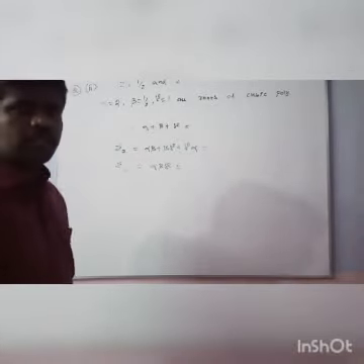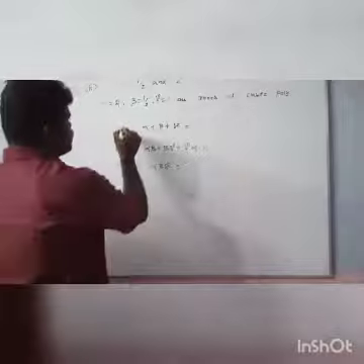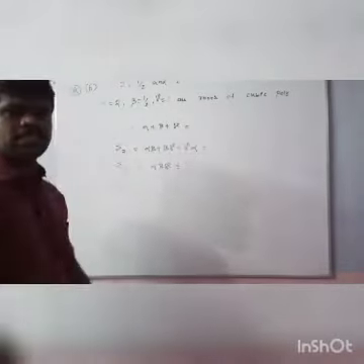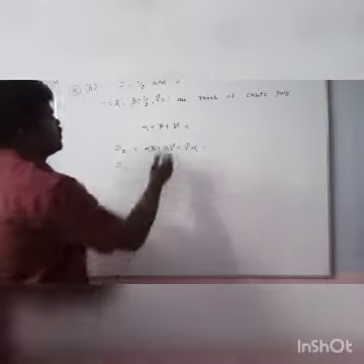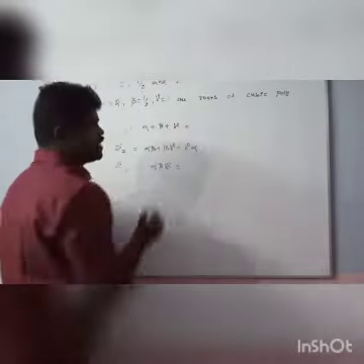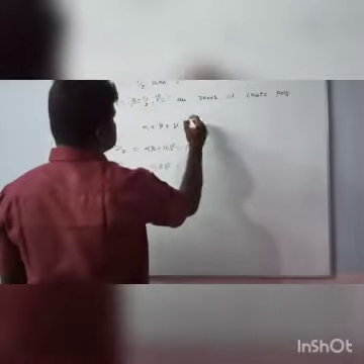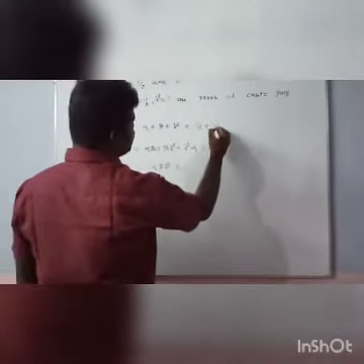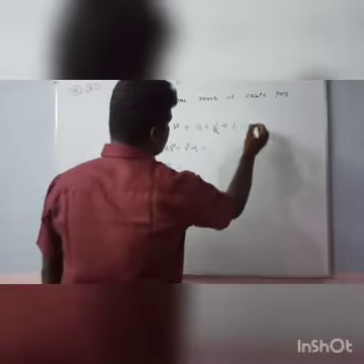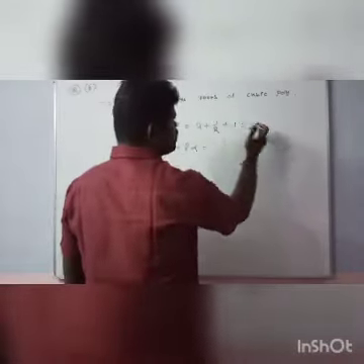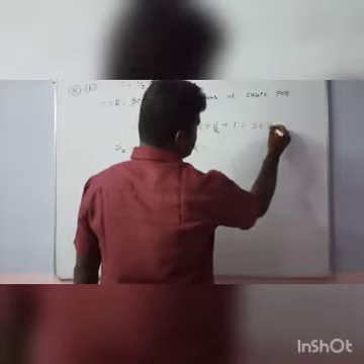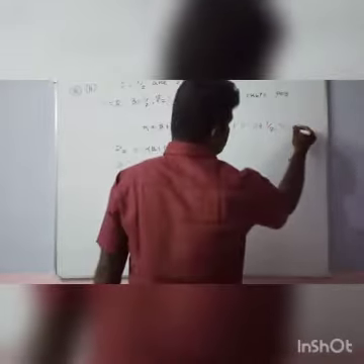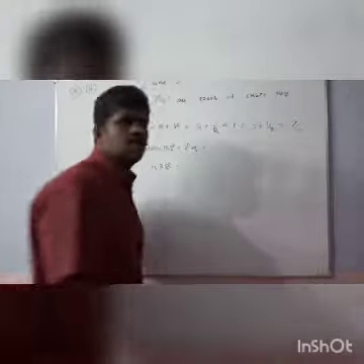First of all, summation 1, this is alpha plus beta plus gamma. What is the value of alpha plus beta plus gamma? Alpha means 2 plus beta value 1 by 2 plus gamma value 1. So totally 3 plus 1 by 2. We multiply across: 6 plus 1. So 7 by 2. This is the summation 1 value.